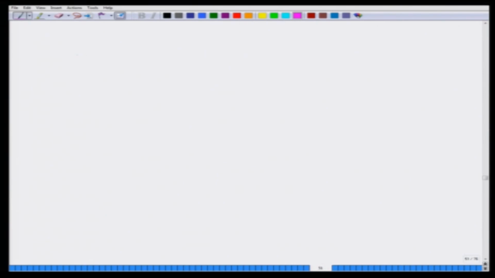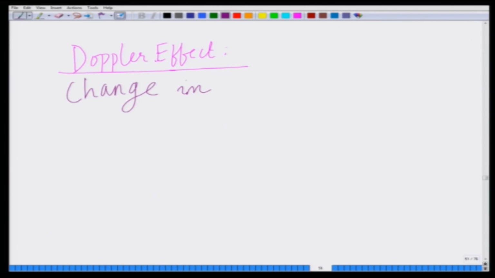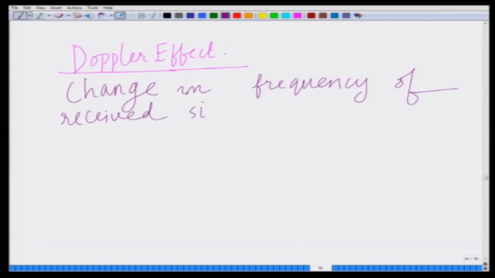So, what is the Doppler effect? The Doppler effect, which is also sometimes simply termed as Doppler in the wireless channel. What is this? This is the change in frequency of the received signal due to motion.